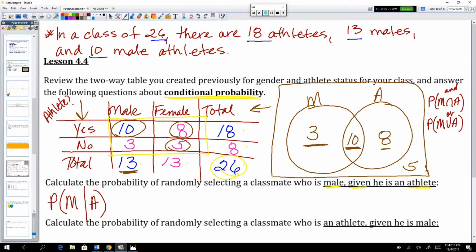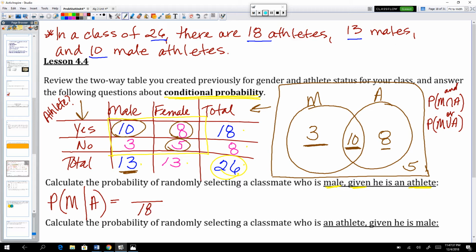The way we do this, selecting a male given they're an athlete, I like to start with the denominator. I like to know what portion of people I'm looking at in the first place. If I'm subjecting myself to only the athletes, that must mean I'm looking at the total athletes in the room first and foremost. In our particular room there are 18 athletes.